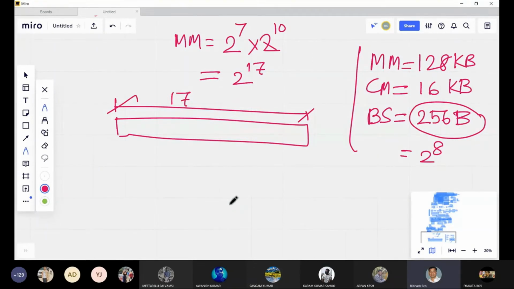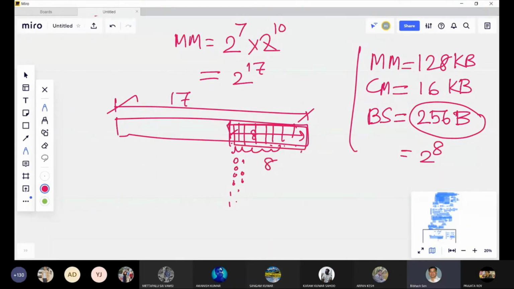Here it is not mentioned, so directly block size: I will consider block offset as byte addressable, meaning the word size itself is 1 byte. So 8 bits is the offset; for 256 locations, any individual location will be in this 8 bit combination.